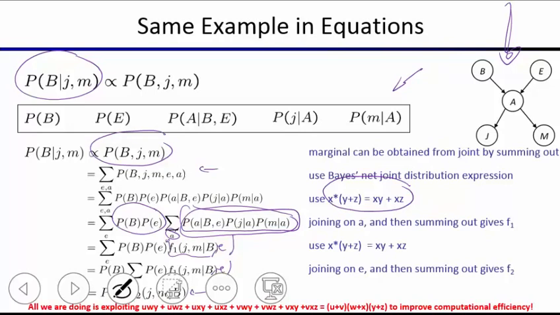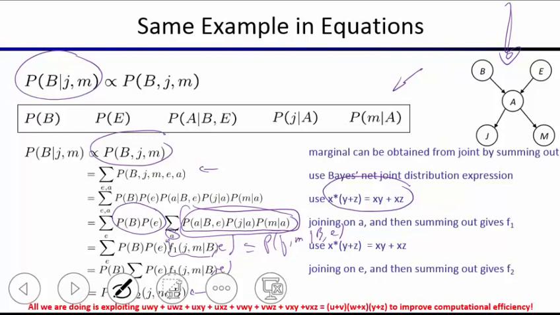Yes? What's the F1 again? Okay, so the notation we use here is just to be able to talk about the factors more easily. F1 here is actually equal to P, J, comma, M, given B, comma, E. But to be able to refer to those factors as the first factor, the second factor, and so forth, we'll sometimes denote them by F1 rather than P. And it also distinguishes them from the original probabilities that were available when we started out.